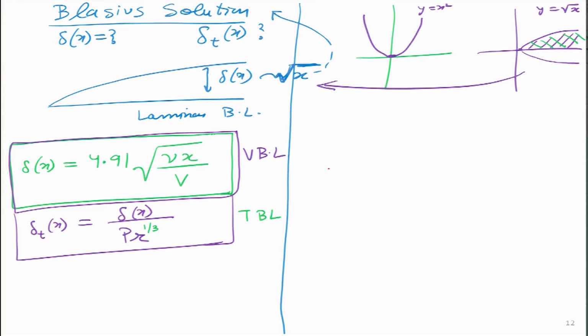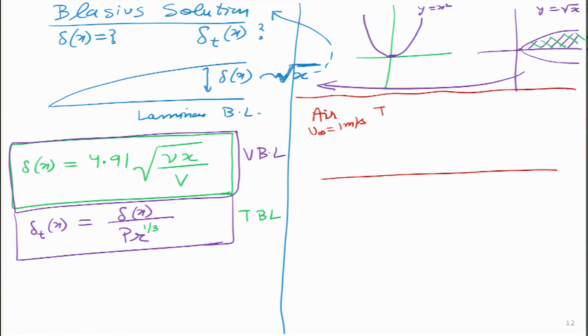So, let me take one example for air which is flowing over a flat plate. Now I will pick some exact numbers. For air I have this particular velocity, and the temperature I will consider is room temperature. I am doing this just to give students some feel for what kind of numbers we are looking at.